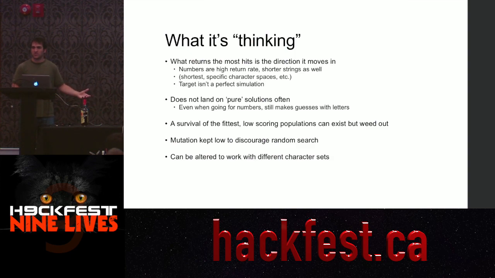And then after letters, who knows, it might have some kind of mix of the two, right? It is based on survival of the fittest, but some low-scoring populations can still exist. So it still ties back to no pure solutions, in that it can still guess poor solutions periodically and land wherever it wants to, right?